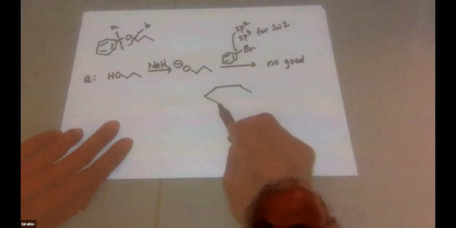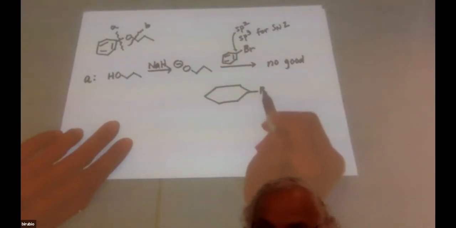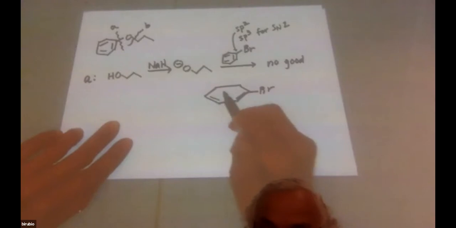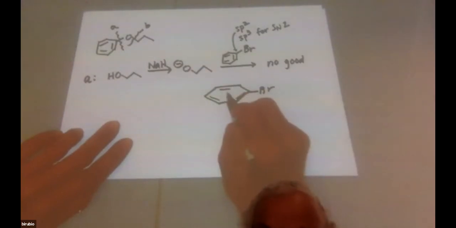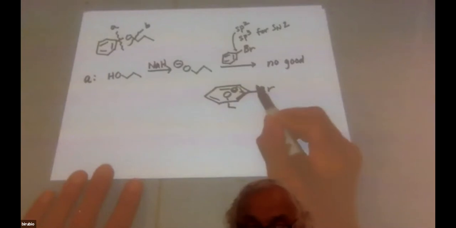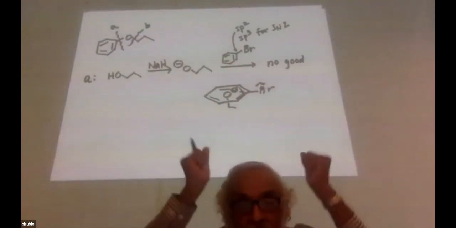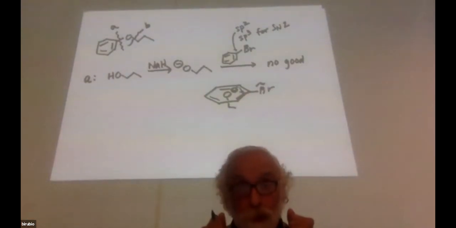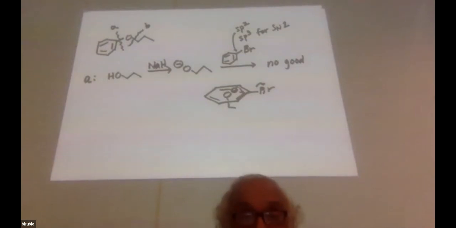There would be the benzene ring, there would be the Br, and somehow the O- would have to stick its head somehow in the middle of this ring in order to attack in its backside way. It would be kind of like you thrusting your head through a manhole cover, right? So the hybridization state of that carbon atom is wrong.